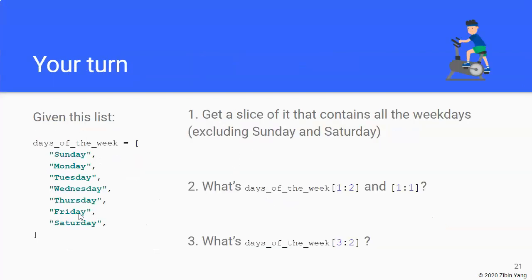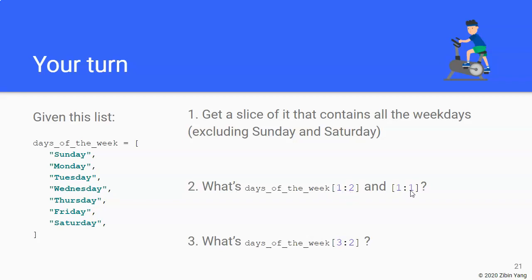So first, given the days of the week list that we wrote earlier, can you get a slice of it that contains all the weekdays? That means we don't include Sunday and we don't include Saturday. Those are the weekends. So how do you get a slice that includes all the days from Monday through Friday? Second, what if we want to take a slice that is 1:2?